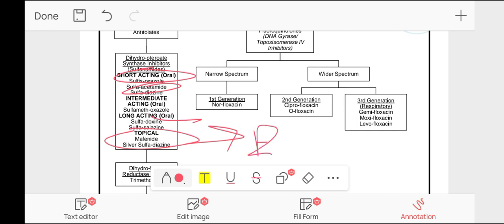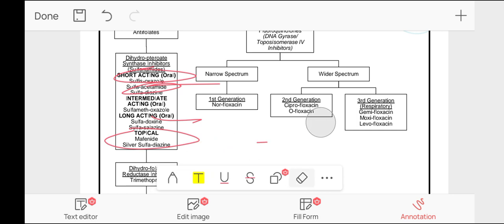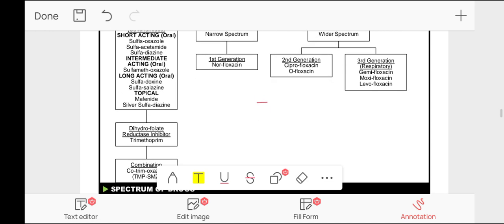Toxoplasmosis is treated by oral sulfadiazine and pyrimethamine. Pyrimethamine is again a dihydrofolate reductase inhibitor, just like trimethoprim is. Next is trimethoprim.